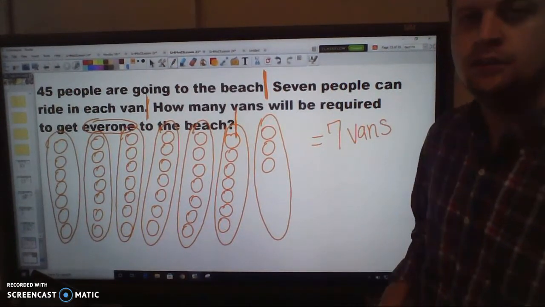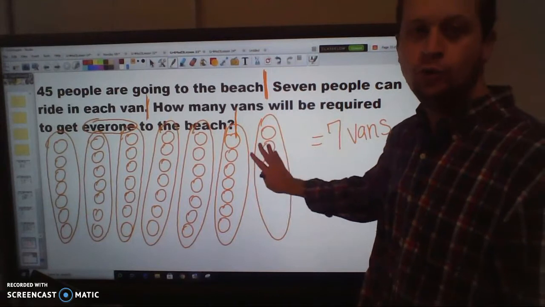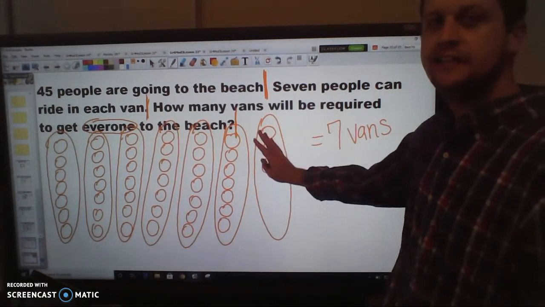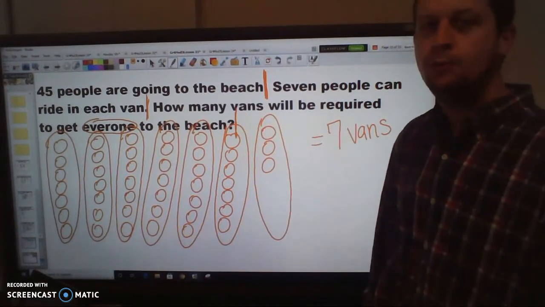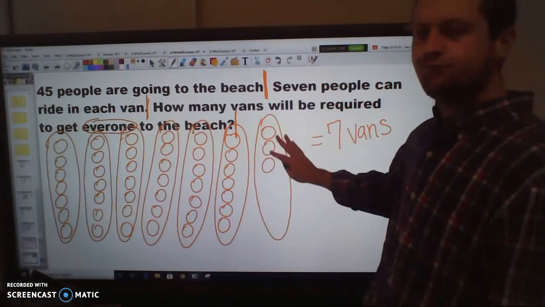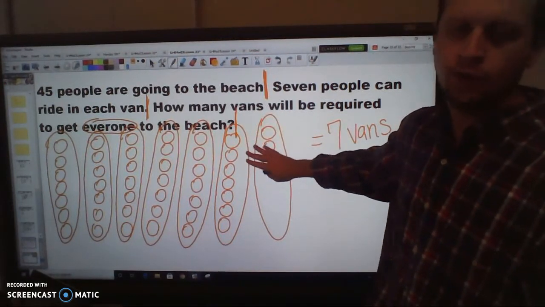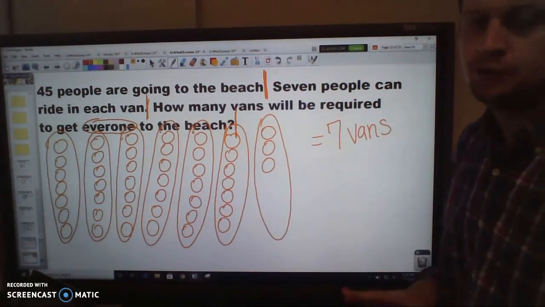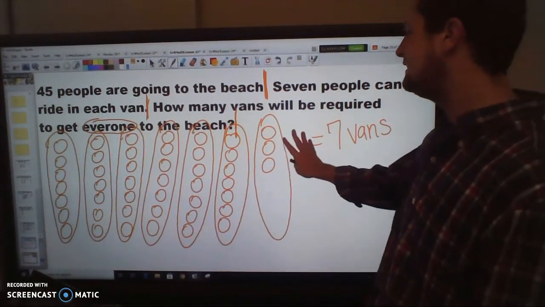Now, this one won't be full, but they're still going to have to take 7 vans to get everyone to the beach. Okay? Now, there might not only be 3 people on this one. They may split it up where not every van has 7. But just know that they're going to have to take at least 7 vans.